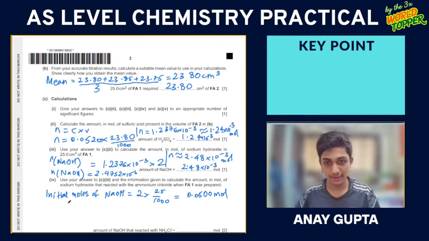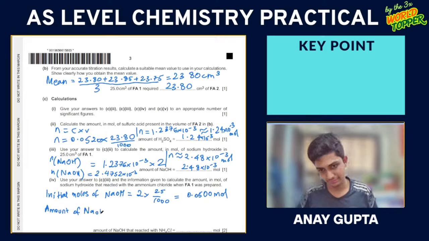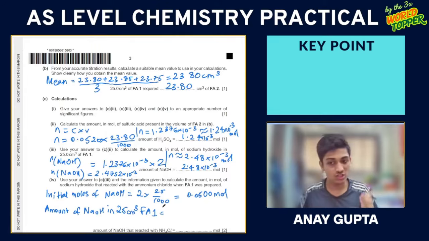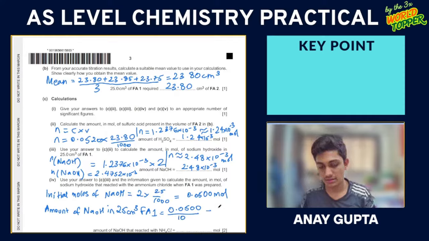So I will say that the amount of NaOH in 25 centimeter cube of Fa1 is going to be 0.0500, right, divided by 10.